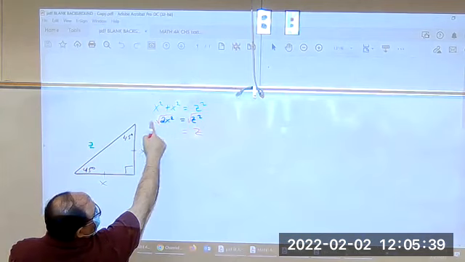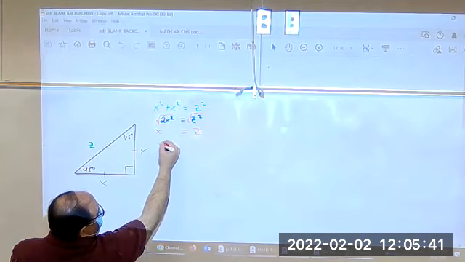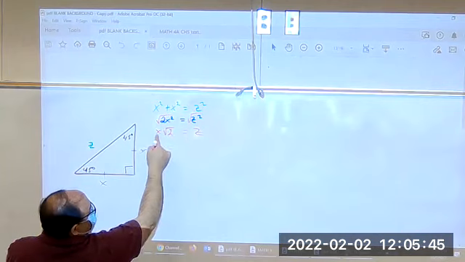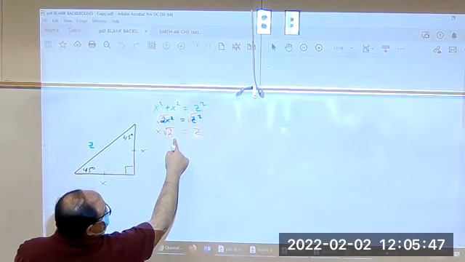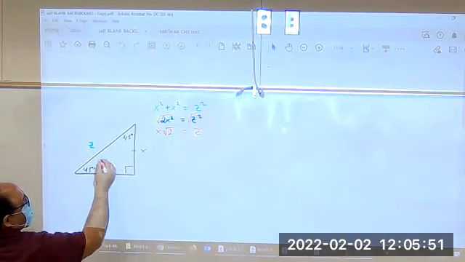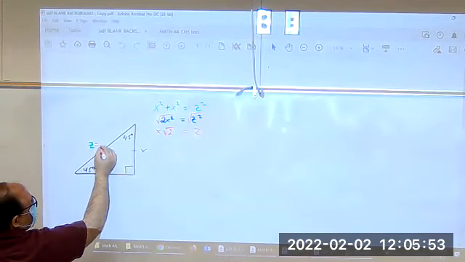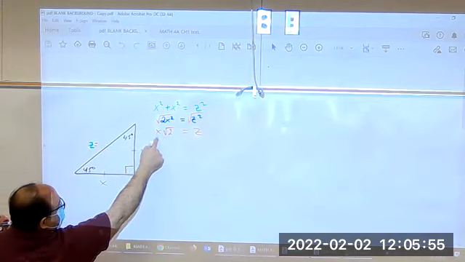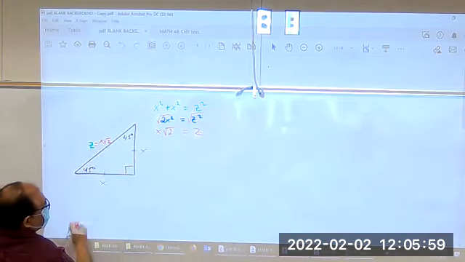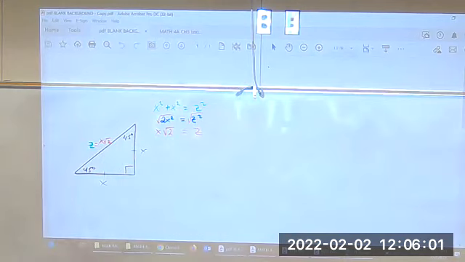The square root of x squared, you can take out an x, but the 2 stays inside the radical. So it's x times the square root of 2. So the hypotenuse in a 45, 45, 90 is always the leg times the square root 2 bigger. It's always a leg times the square root 2.